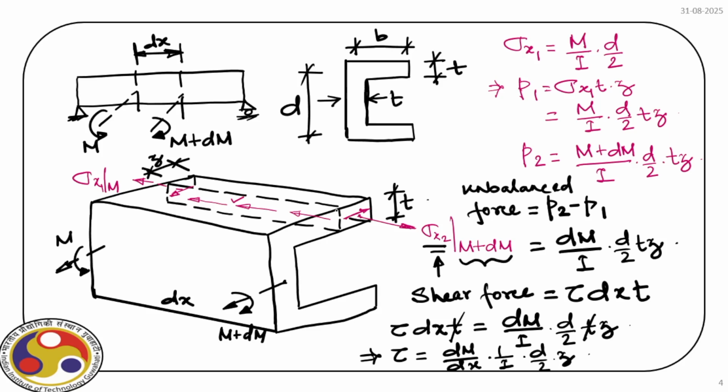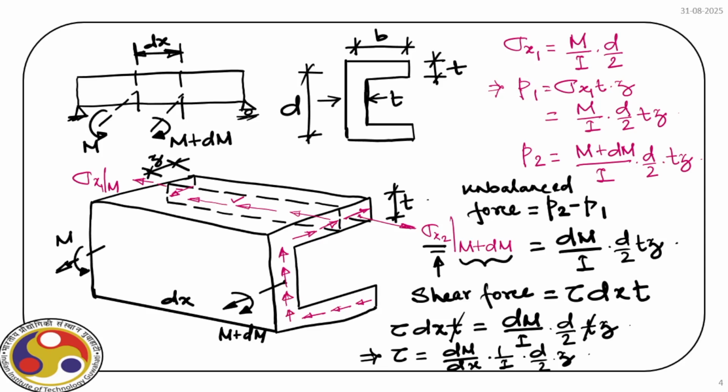Now, if I complete this diagram for the entire section, the shear flow will be like this. Obviously, in the bottom flange, it will be in the reverse direction and it will close the path. So that's how the shear flow will occur in this section.